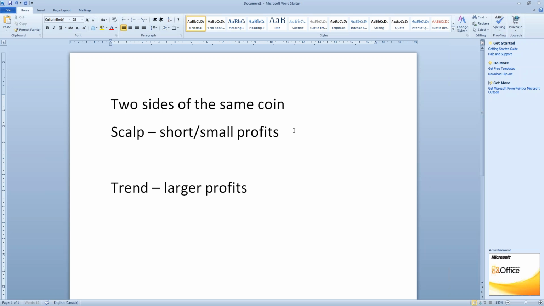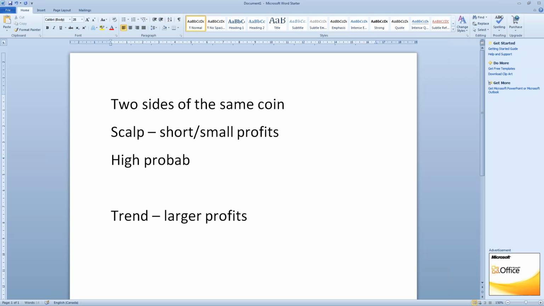Here's the problem. Your percentages get very lopsided. On your scalping, you have a high probability of success. On the trades where you try to trend and get larger profits, you have a lower probability of success. So these two things are actually working against each other.